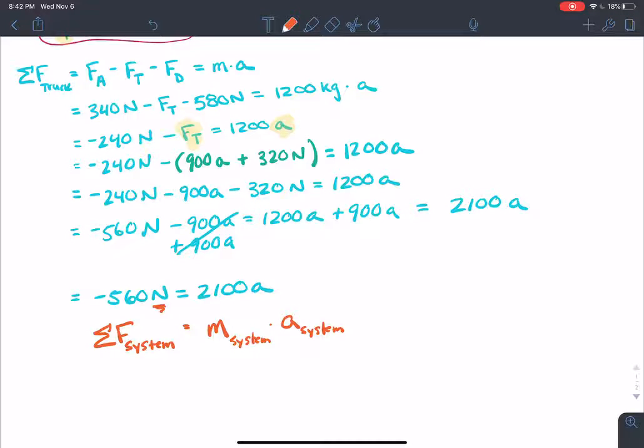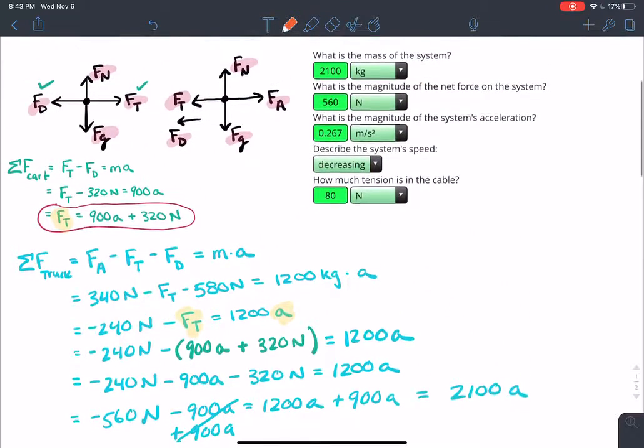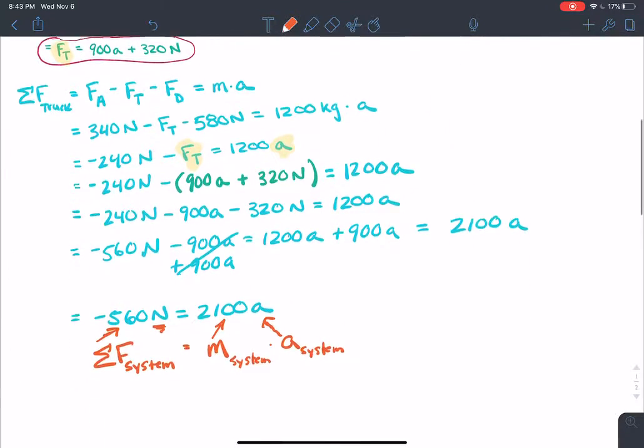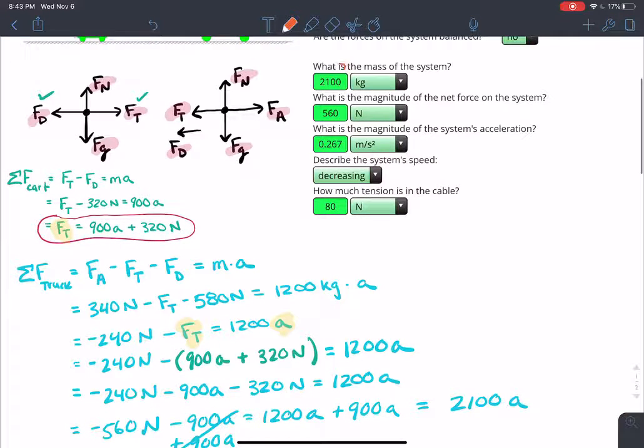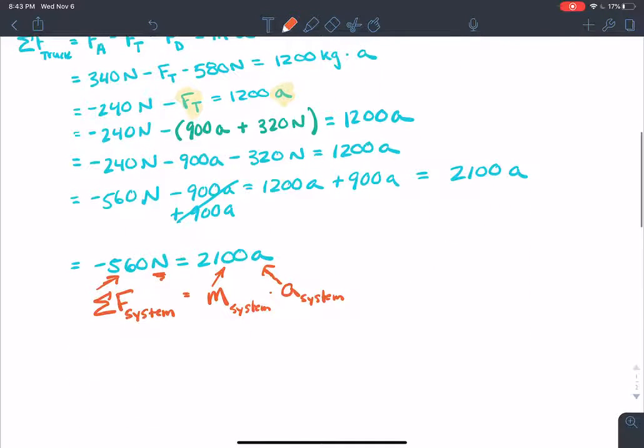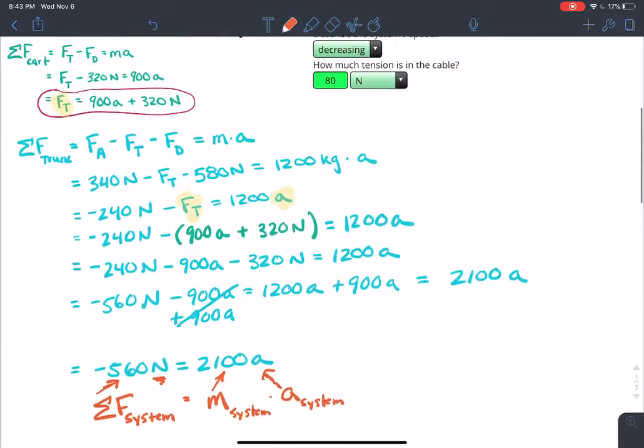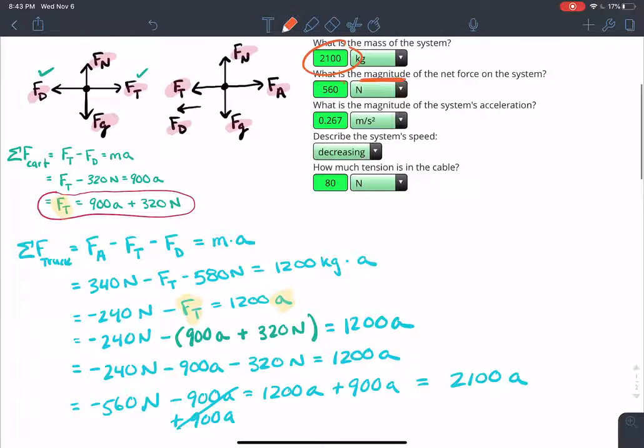So the mass is here, there's our variable A, and this must be the sum of the forces. So we go up. What's the mass of the system? Well, that's the total mass, the 900 plus the 1200. It's the 2100. Check. What's the magnitude of the net force? That's just the absolute value of the force. Magnitude is 560 newtons. Hooray, we got it.